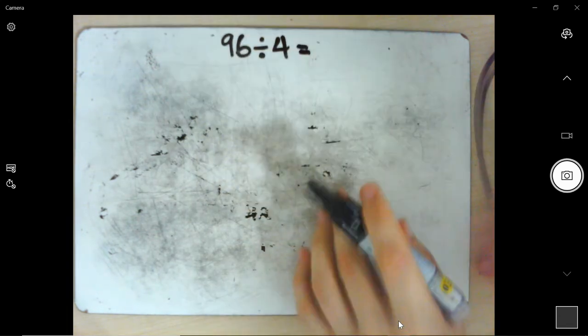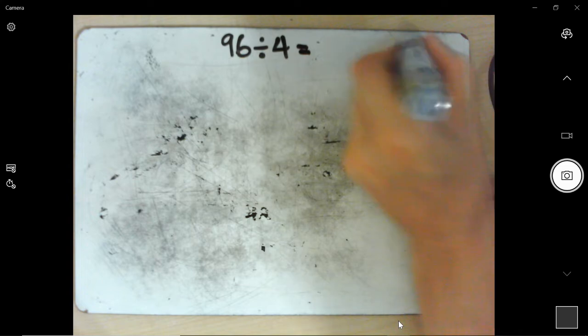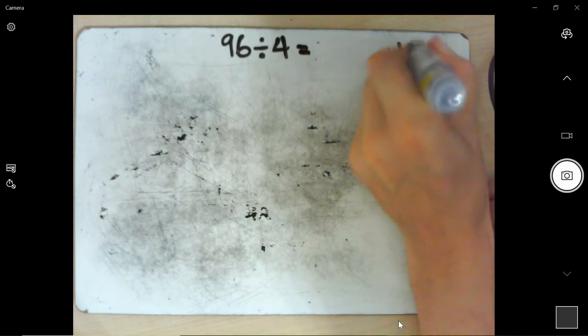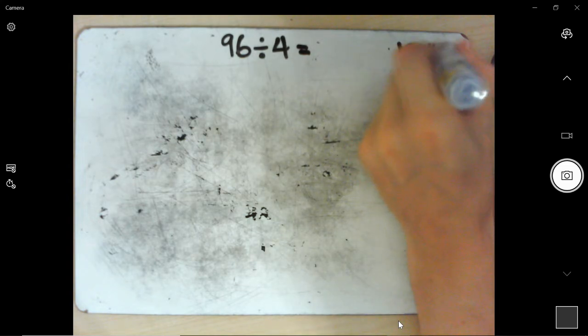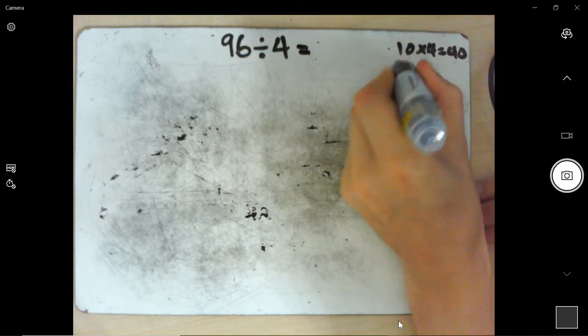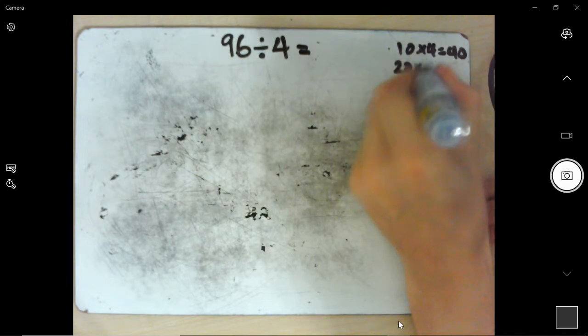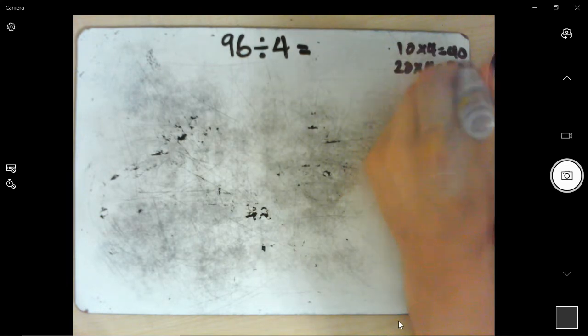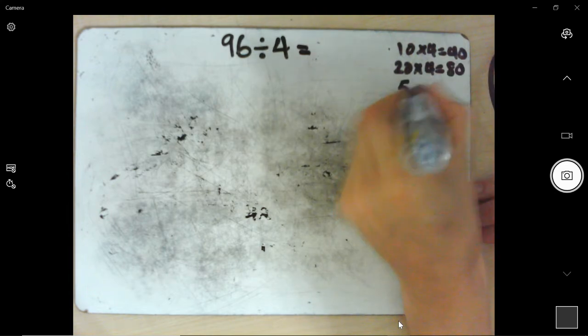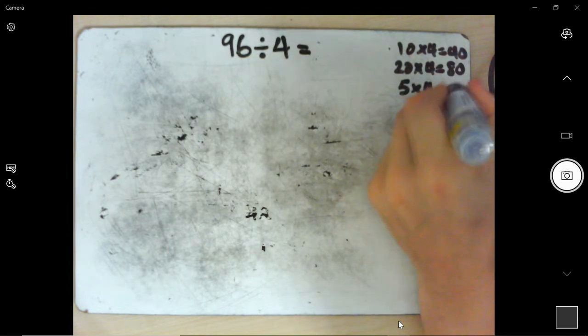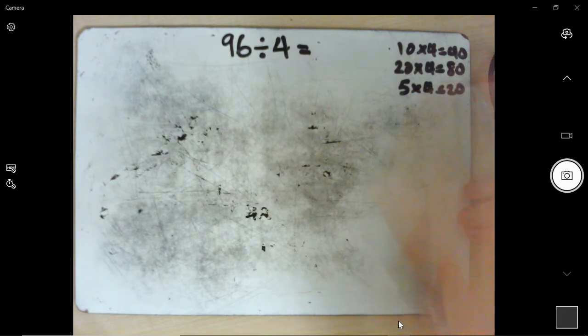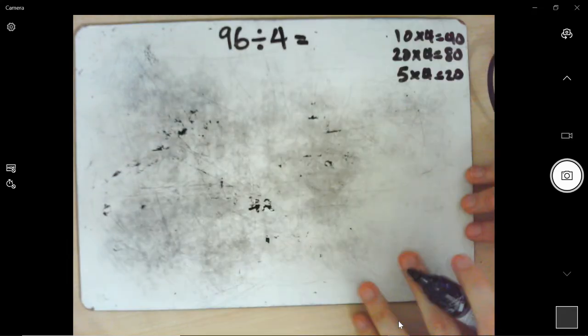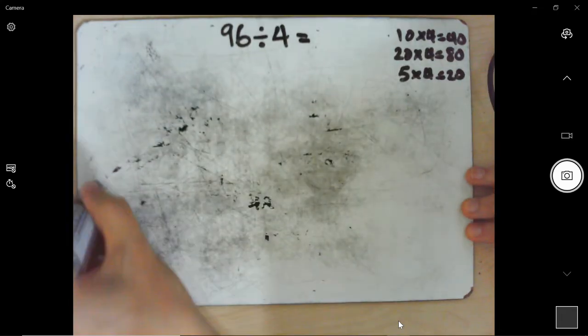Right, start with my fact box. 10 times 4 equals 40. 20 times 4 equals 80. 5 times 4 equals 20. Draw my number line.